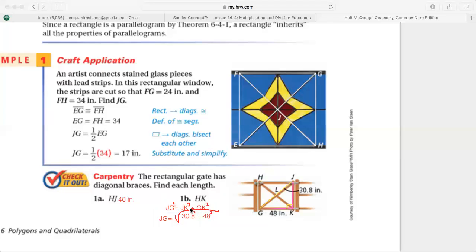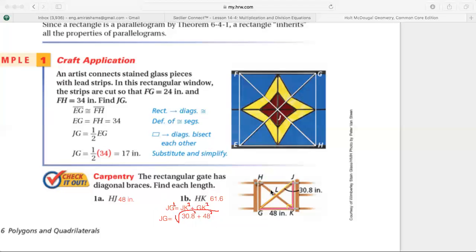So JG is equal to the square root of 30.8 squared plus 48 squared. So it is equal to 61.6. Okay, girls? JG is equal to 61.6.